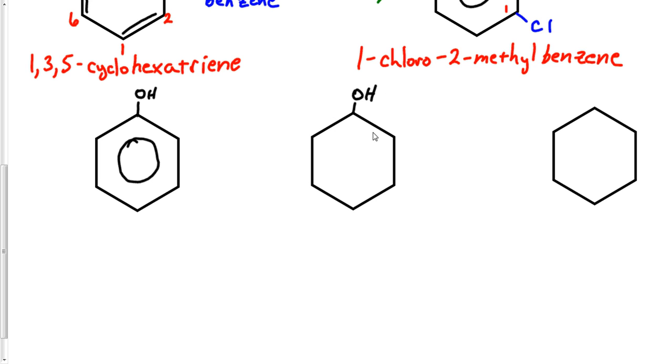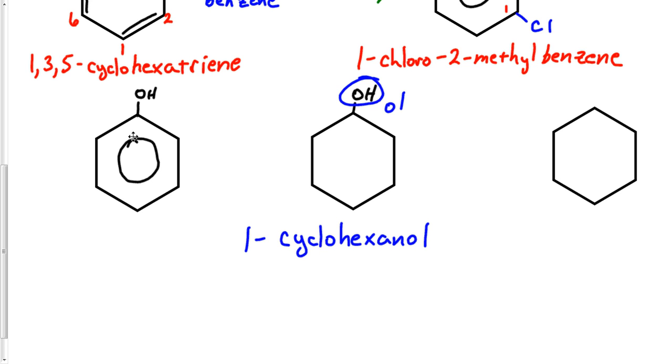So if you see an OH attached like this, what should trigger in your mind? Well, that's an alcohol. So you're going to put an -ol. So this is a cyclo. So this one would just be cyclohexanol. And that's all you'd have to do. Yeah, you could put 1 dash, but what would be the purpose in that 1 dash? Because it's obviously wherever the -ol is, that will be your number 1.